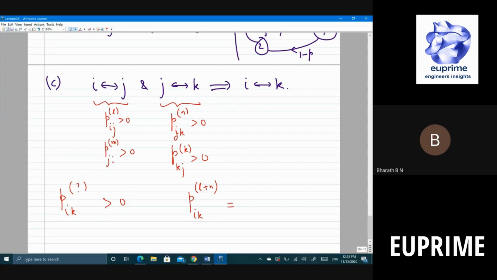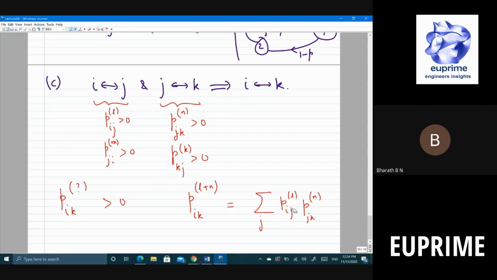I can write this as the summation of Pi to j in L step, Pj to k in n step. What should I sum over? I should sum over all possible j in between, right?